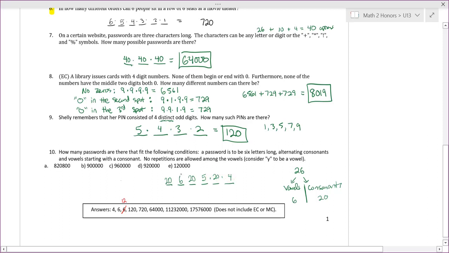So your vowels are dropping from 6 to 5 to 4, where the consonants are remaining the same. Okay, you multiply those together, and you get your answer of 960,000. So our answer here will be C.